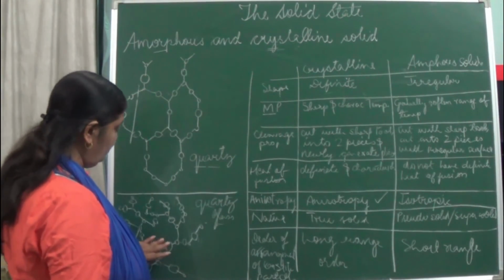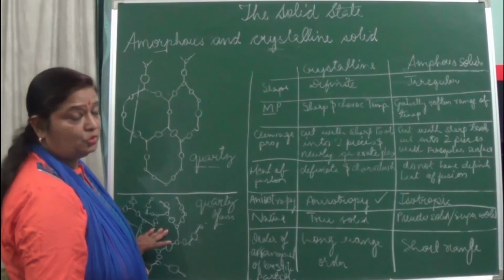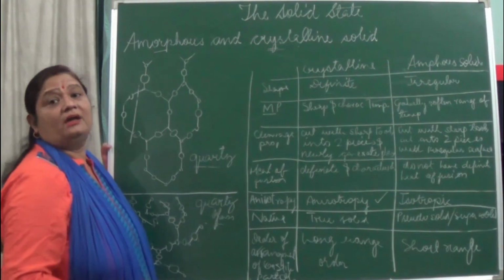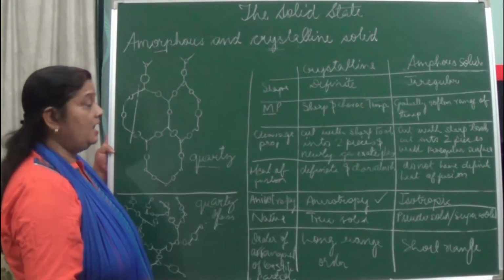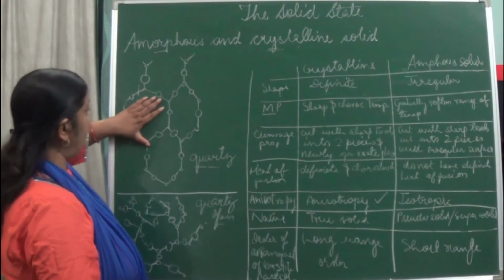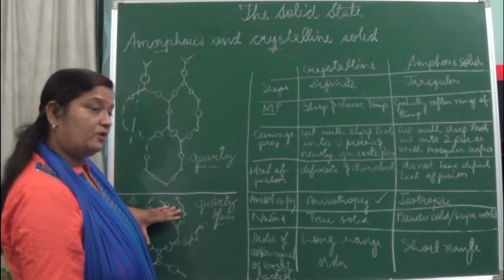But if we talk about the amorphous one, when you cut it into two pieces, you will not get regular surfaces. You will get irregular surfaces. And this is due to how the atoms are arranged in crystalline and how they are arranged in amorphous solids.